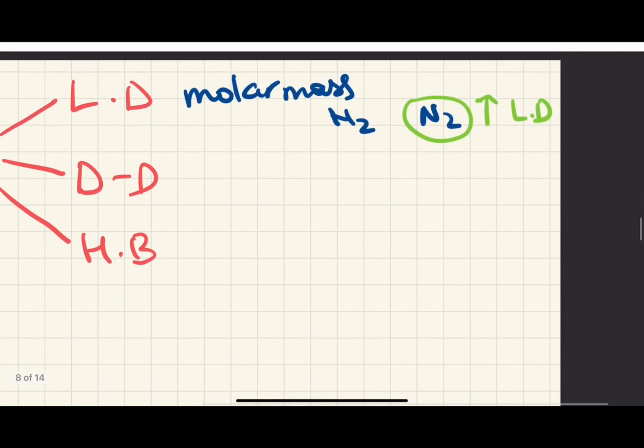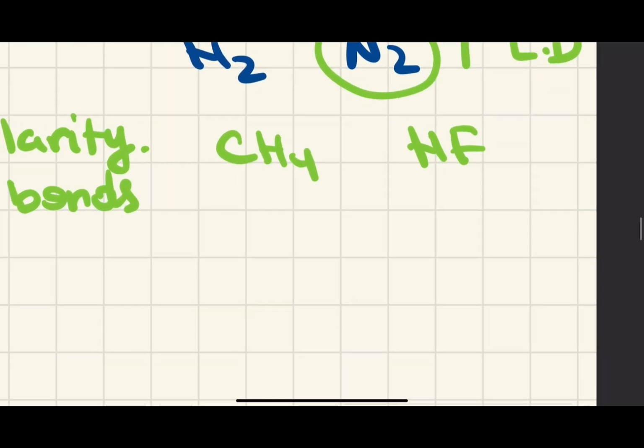Now dipole forces, let's compare. It has to do with polarity of the bonds. Now if I have CH4, with carbon and hydrogen, and hydrogen fluoride. In CH4, we have a bond between carbon and hydrogen, and in HF a bond between fluorine and hydrogen.